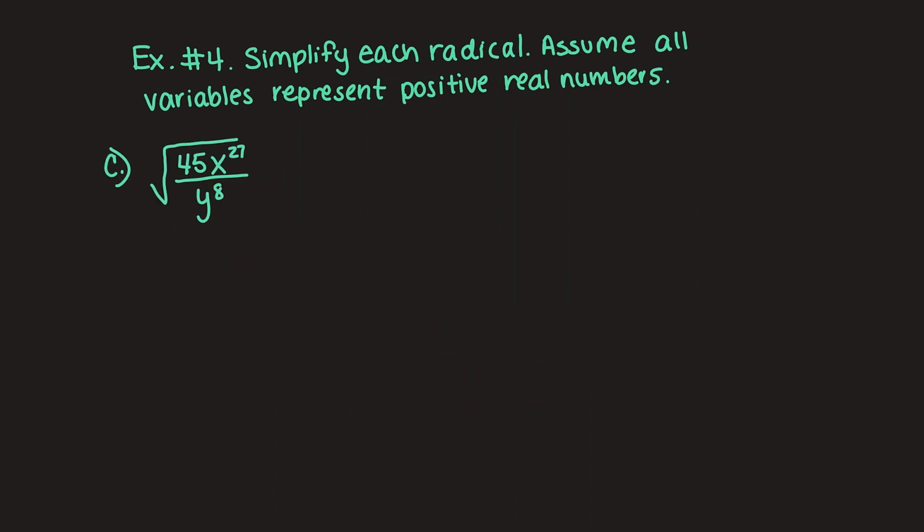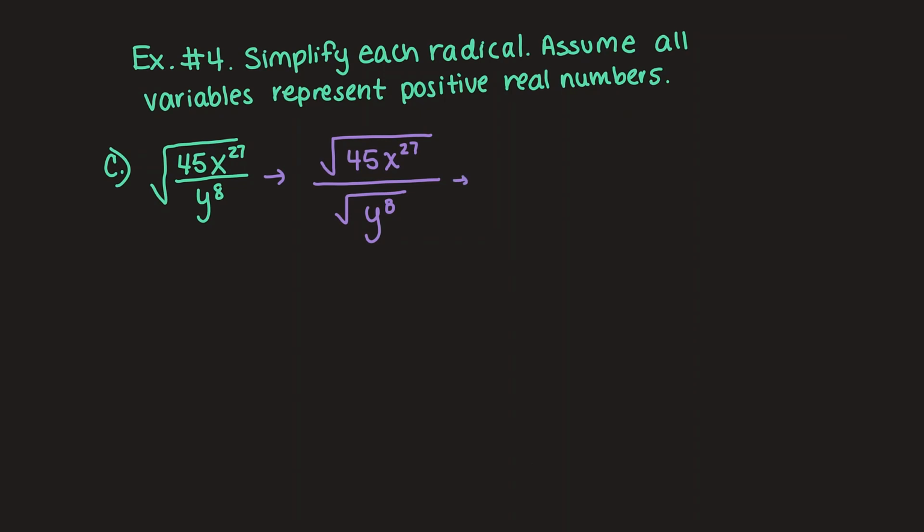And for the next example, we can use our quotient rule and write this as the square root of 45x to the 27th over the square root of y to the 8th. So we can rewrite 45 as 9 times 5 so that we have a perfect square factor. And we can rewrite x to the 27th as x to the 26th times x so that one of its factors is a perfect square. And y to the 8th already is written with an exponent that is divisible by 2.